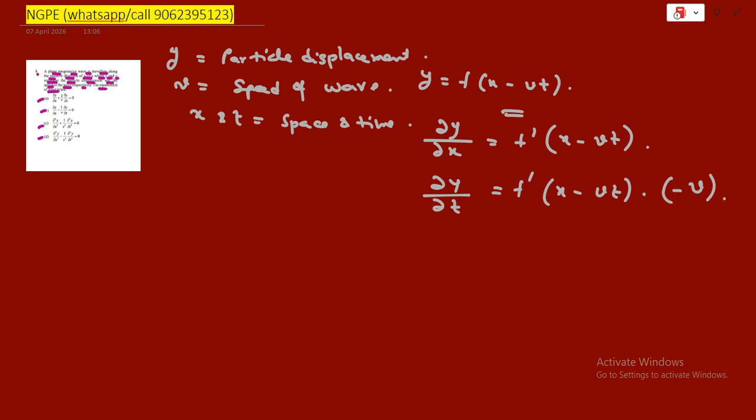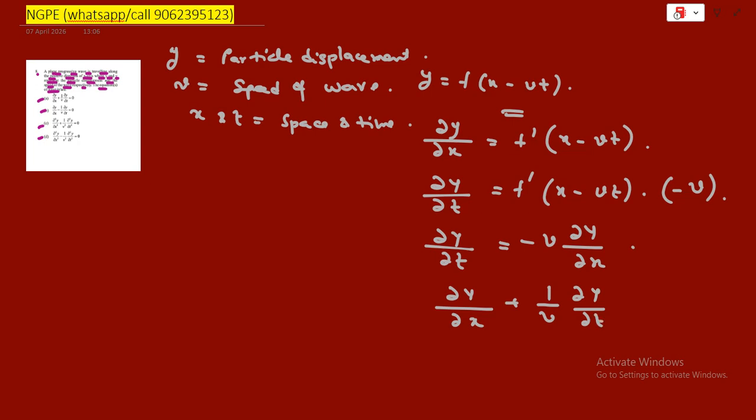If we divide these two, we get del y del t equal to minus v del y del x. Now rearranging, that gives us del y del x plus 1 by v del y del t equal to 0.